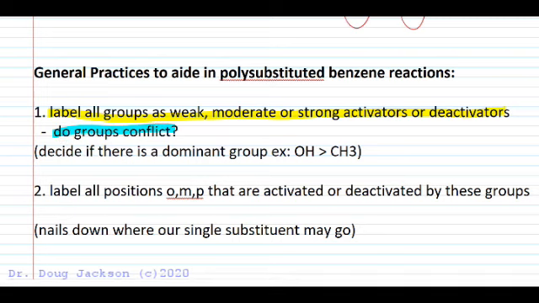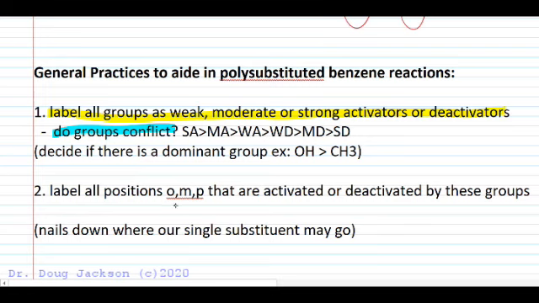And if they do conflict with each other, we're going to notice that the strong activators take priority over the moderate activators, over the weak activators, and in turn over the weak deactivators, over the moderate deactivators, over the strong deactivators. Okay, so a nitro group, a strong deactivator, has less to do with the direction of a new group than does an alkyl group. So the alkyl group, being a weak activator, has more control over its direction and so forth.